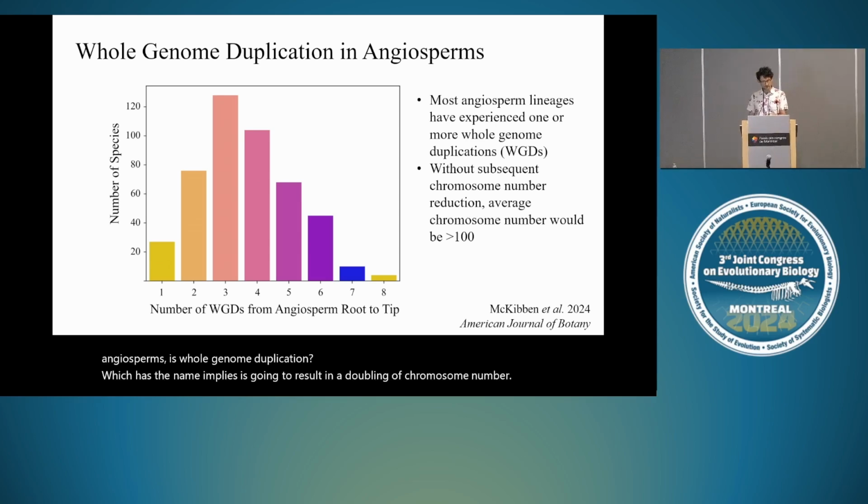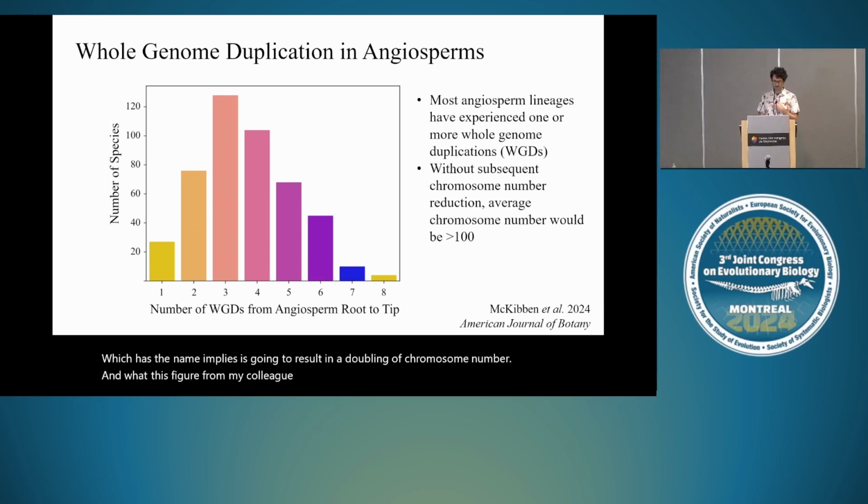What this figure from my colleague Michael McKibben shows is that if you trace the number of whole genome duplications from the root of the angiosperm phylogeny to any given tip, you're going to find an average of 3 to 4 ancient whole genome duplications. So almost every angiosperm lineage has experienced multiple rounds of whole genome duplication in its history.